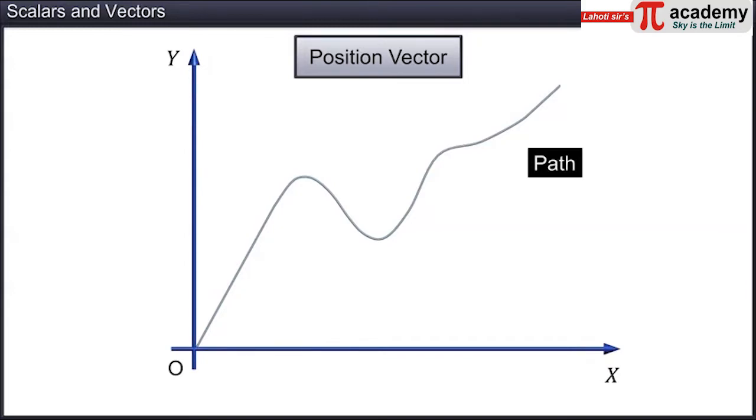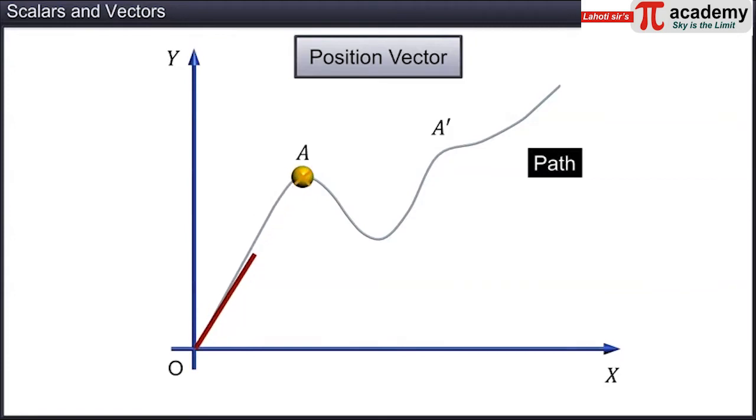Represent the path followed by the object on the graph. Then, mark point A on the path, which represents the position of the object at time t. Similarly, mark point A' on the path, which represents the position of the object at time t'.